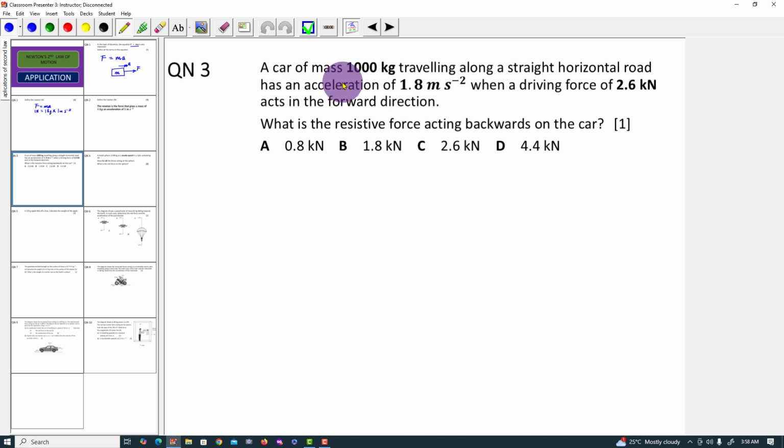We are given a car of mass 1000 kilograms traveling along a straight horizontal road, and it has an acceleration of 1.8 meters per second squared when a driving force of 2.6 kilonewtons acts on the car in the forward direction.